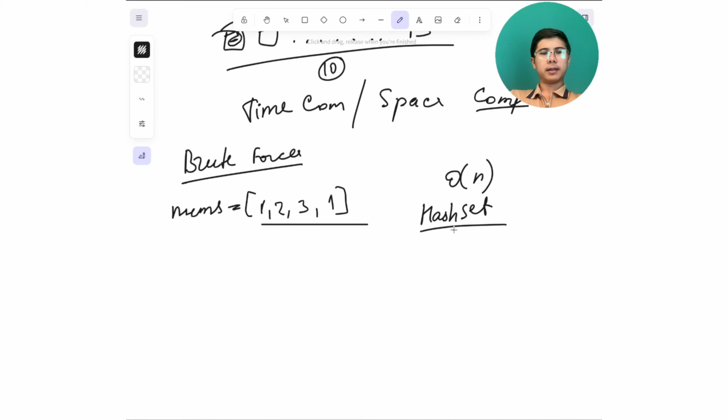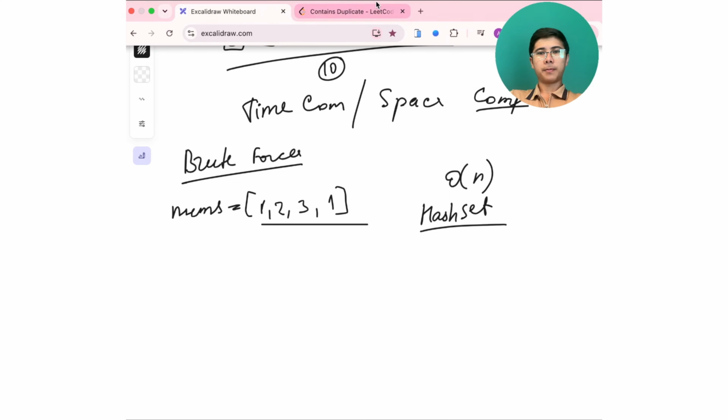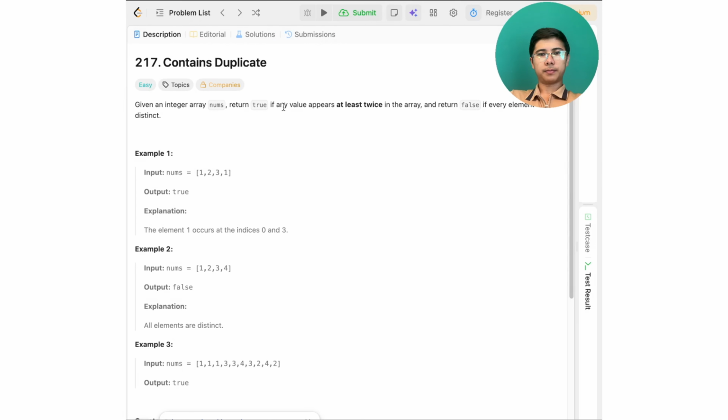The idea is that we don't need to compare every element with every other element, because the requirement is that if any value appears twice, we can return true.